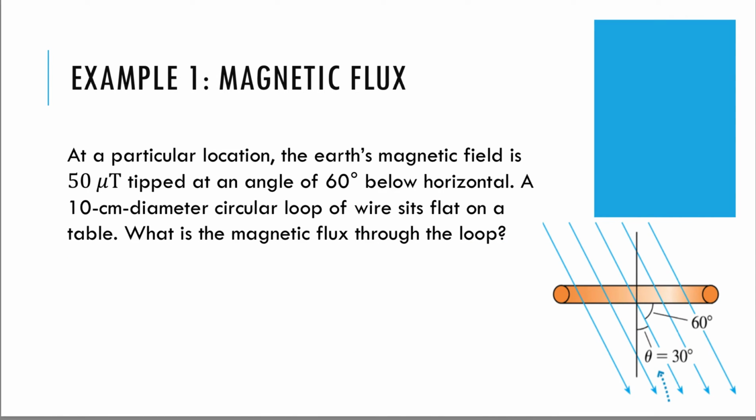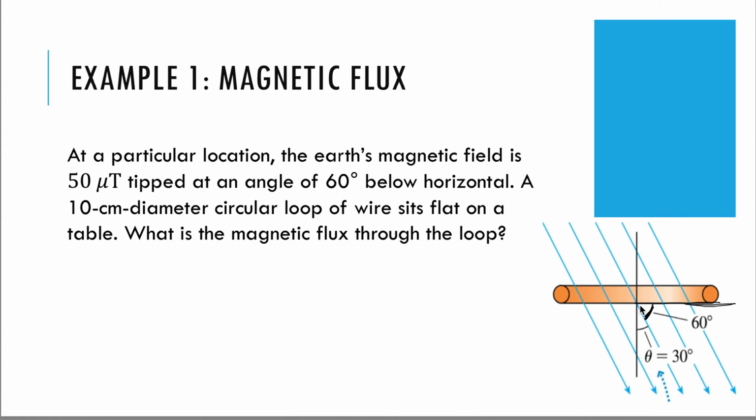Let's do an example to finish up this section. It says that at a particular location, the Earth's magnetic field is 50 microteslas, tipped at an angle of 60 degrees below the horizontal. So I have a picture here that if you have a loop, you've got the field going down here, and 60 degrees below the horizontal is what is represented here, because this is the horizontal right here.